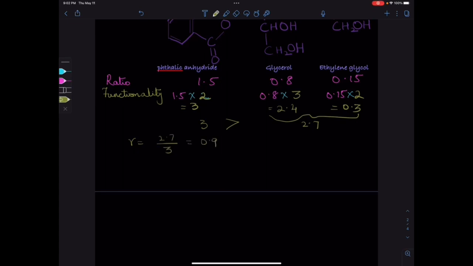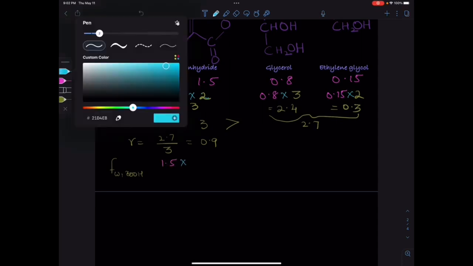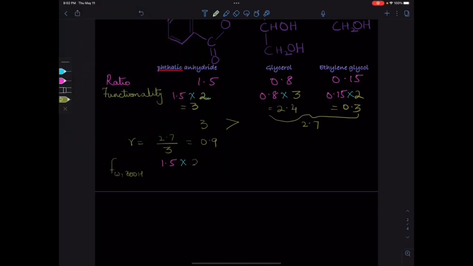Now let's find out the weight average functionalities of the carboxylic group. That would be 1.5 times 2 squared over 1.5 times 2, which is 2.